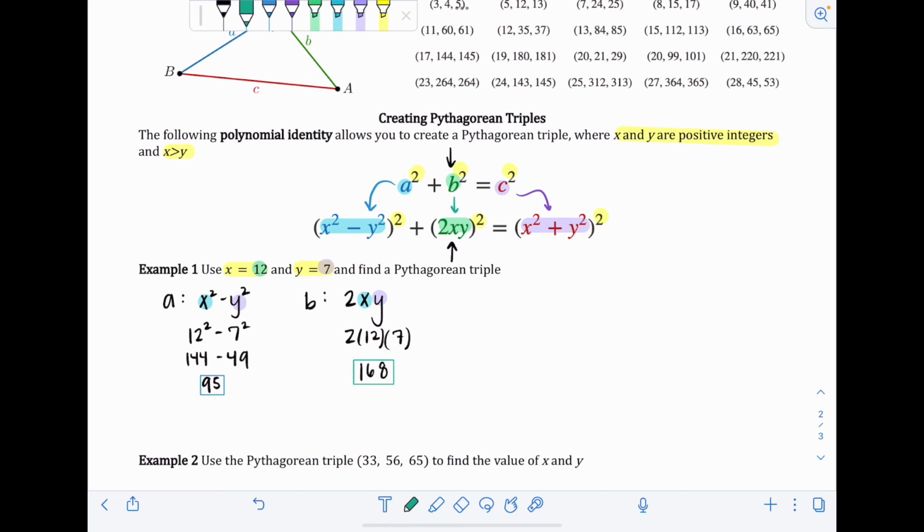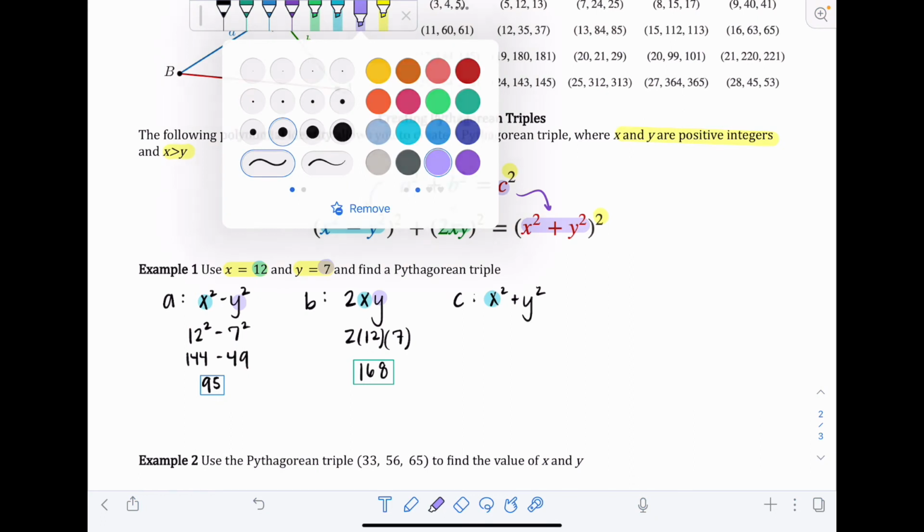And then to find the third number from our triple, that's our c. You can see the c is this part of the expression right here, so we'll use that little expression in there. Okay, so it is x squared plus y squared, same x, same y. So x is 12, y is 7.